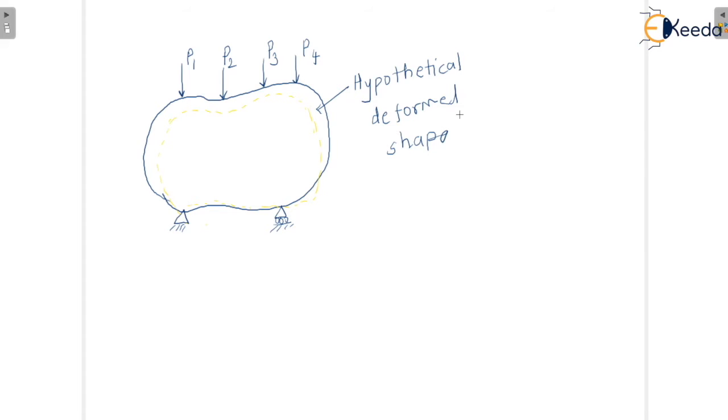Here this hypothetical deformation is actually called virtual deformation, and the work done by real forces due to this virtual displacement is called virtual work.